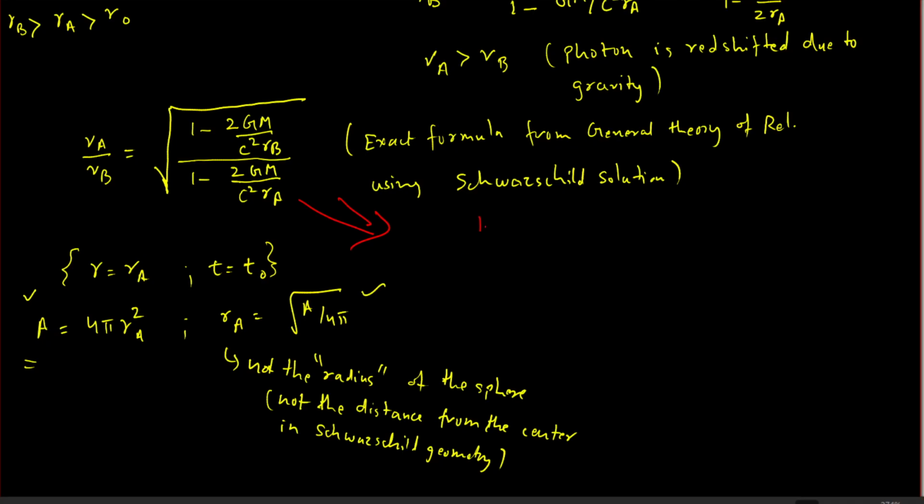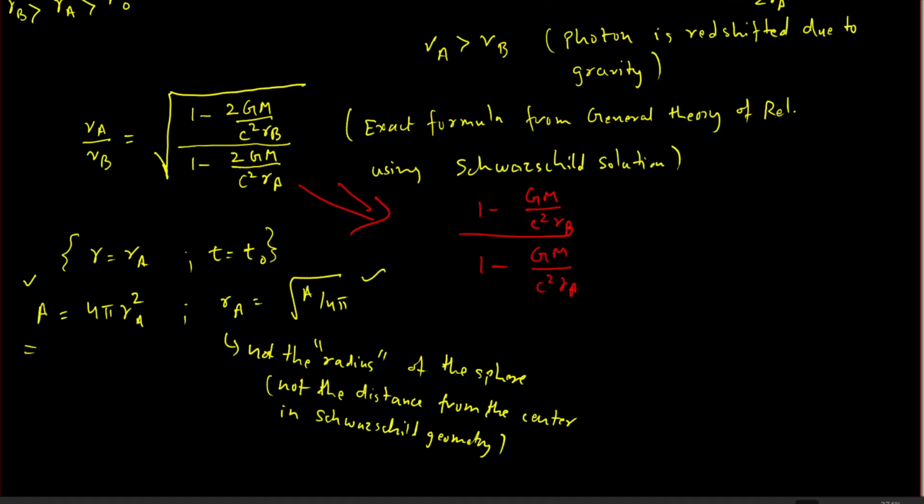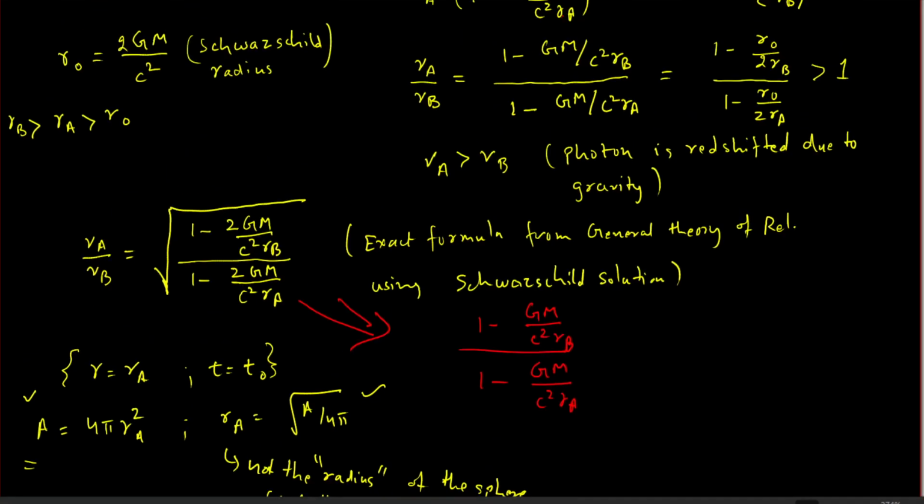This becomes 1 minus, the 1 half will cancel the 2, so we'll have GM by c square RB divided by 1 minus GM by c square RA, and this is the same as the formula that we derived using Newtonian gravity.